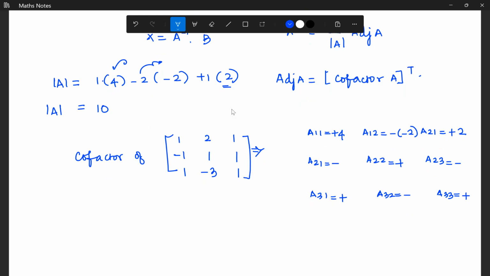A21 is 2 minus of minus 3, which is 5. 1 minus of minus 1, which is 0. Minus 3 minus 2, which is minus 5. 2 minus 1, which is 1. 1 minus of minus 1, which is 2. 1 minus of minus 2, which is 3.